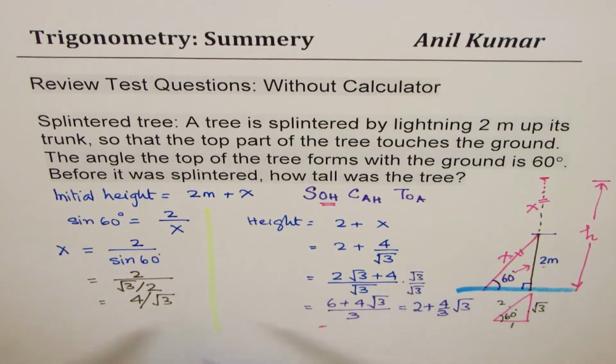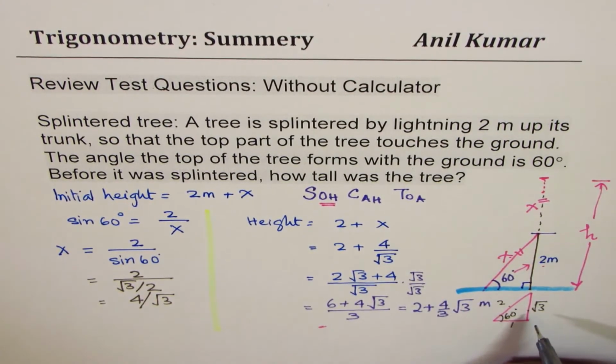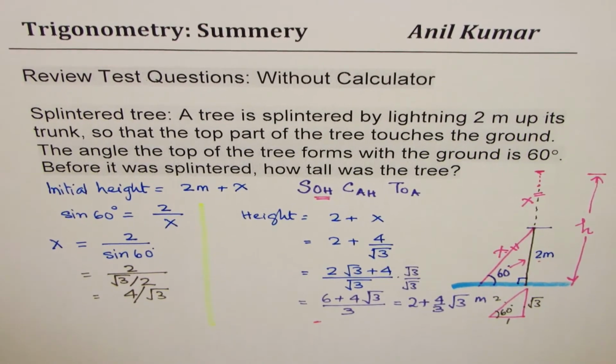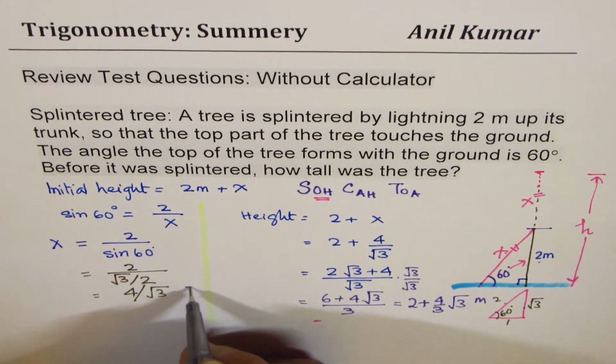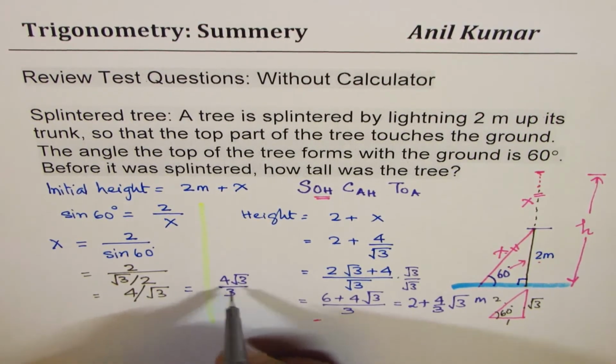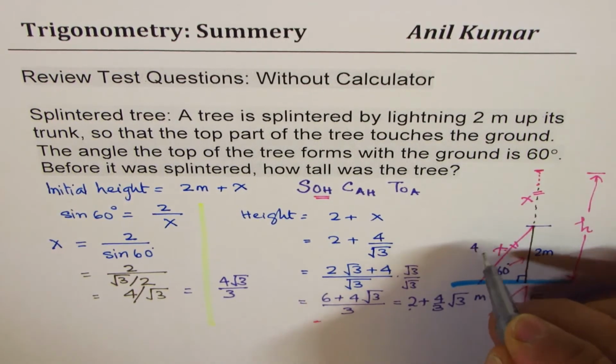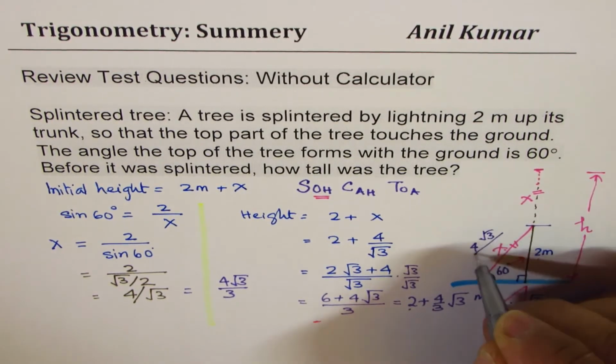So at times you could rationalize this. 4 over 3 square root 3 meters is your original height, correct? So that is the way such problems could be done. We could do it at this stage also. We could write this as 4 square root 3 over 3, and then adding to 2 we get our height.